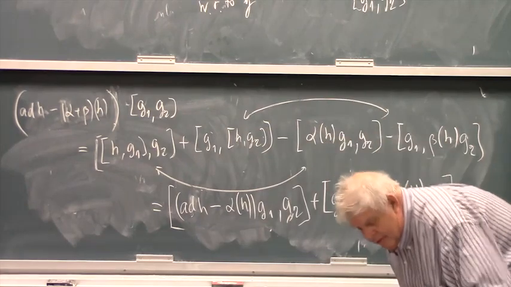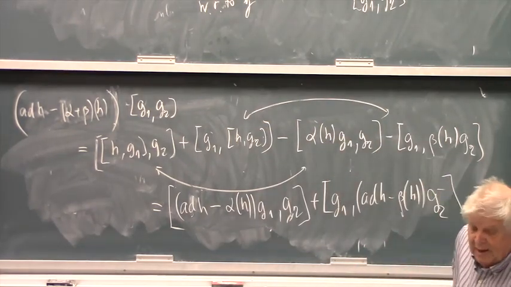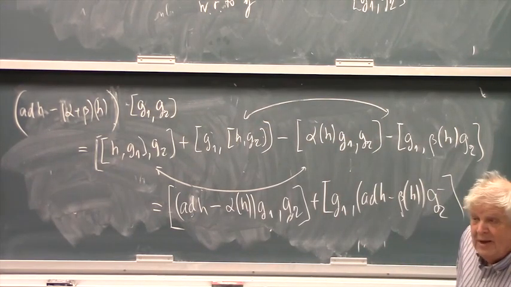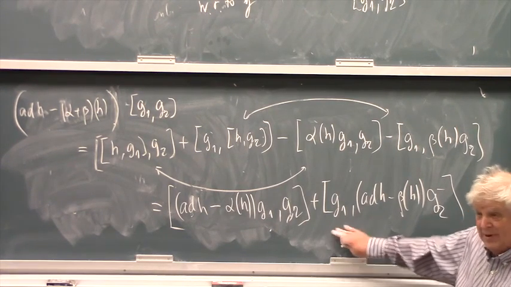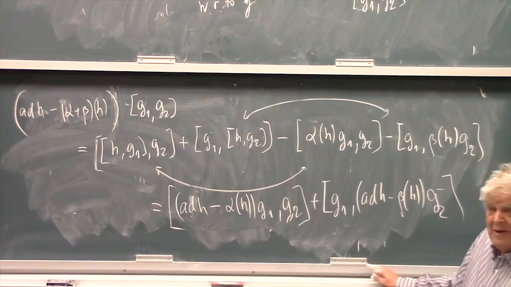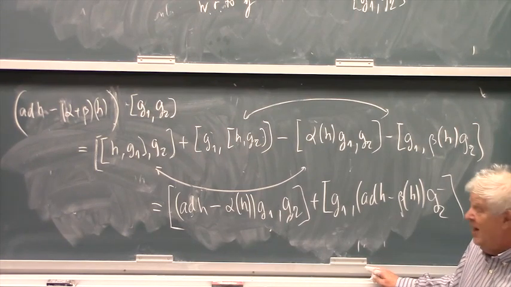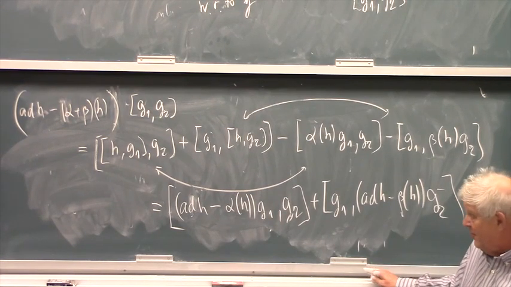Please look at this, and this is what I wanted to do on this board. So it is a computation, and I don't see where you can have any difficulties.